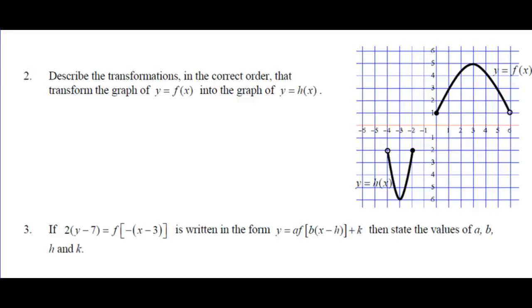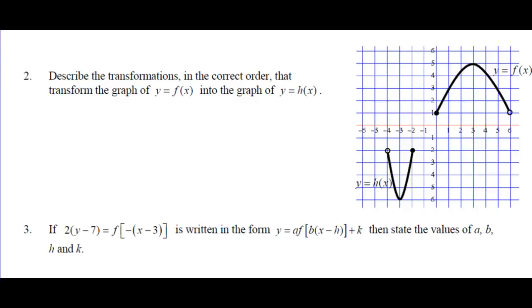Okay. Now, we need to describe the transformations in order, so we're going to start with stretches. So let's start with vertical. So this covers 4 units vertically. This covers 4 units. So vertically, what happens? The same. Horizontally, this covers 1, 2, 3, 4, 5, 6 units.